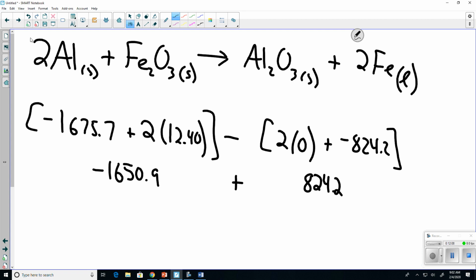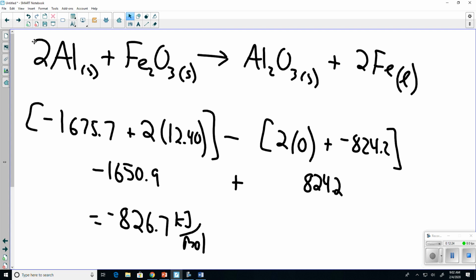My two negative signs cancel each other out. It's not a tricky equation.